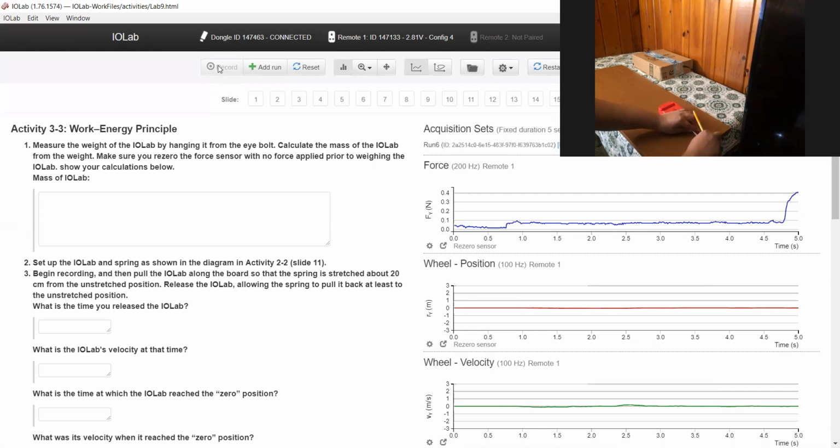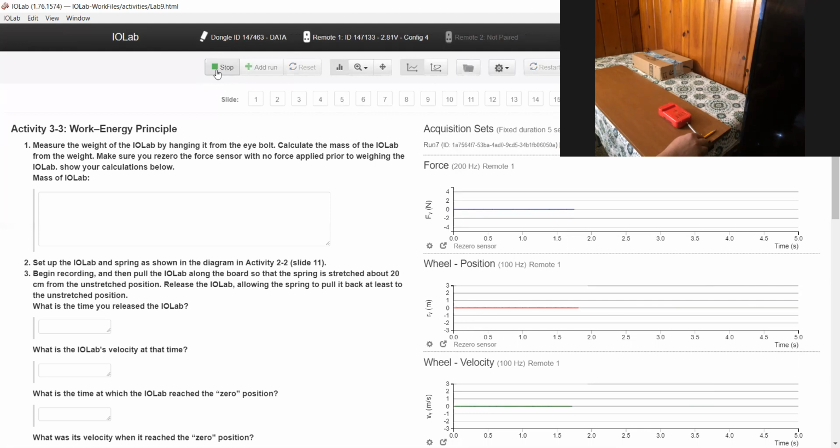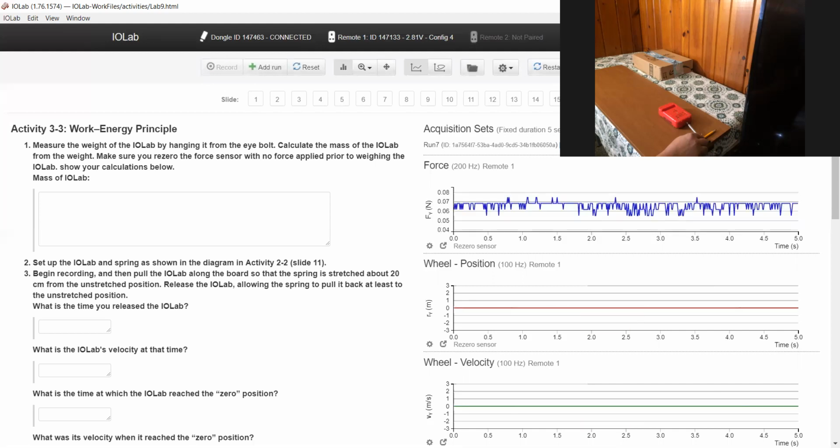You can use a pen also, your choice. Let me make it constant so that nothing is pulling. Let me see if it's right. That's right. Let's remove it and zero the sensor.